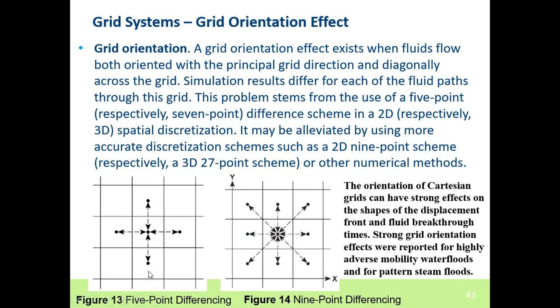And you see for the 5-point differencing, the middle grid block interacts with 4 grid blocks around it. But the question is, what if there's contribution from these grid blocks? And so you see that though the 9-point differencing scheme would be more computationally rigorous, it most likely will be more representative of fluid flow, of course, and this depends on the scenario.